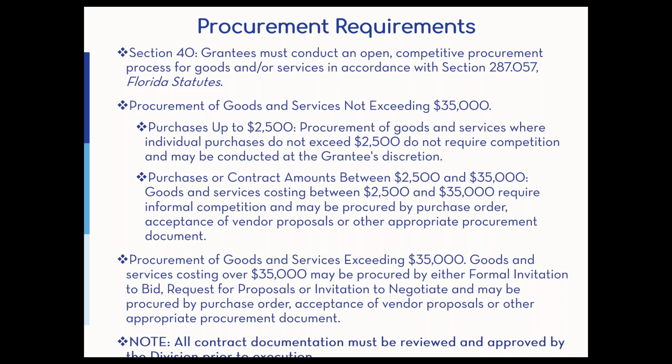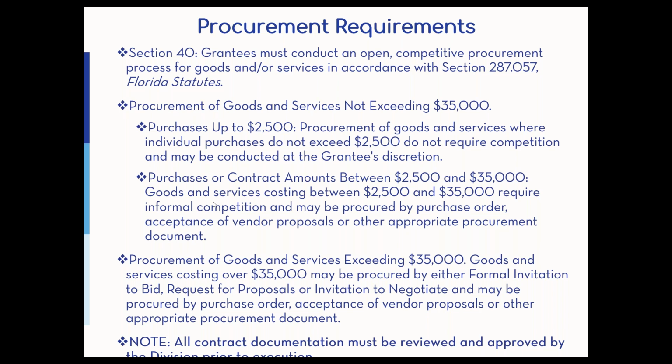It does not require competitive process and is at your own discretion. Amounts between $2,500 and $35,000 require sort of informal competitive process and can be procured by purchase order or accepting vendor proposals, that kind of thing.